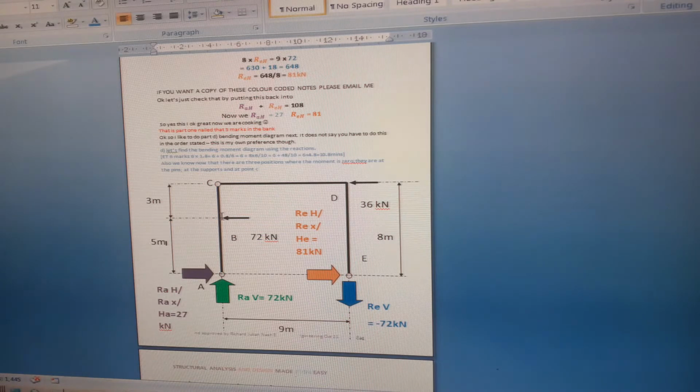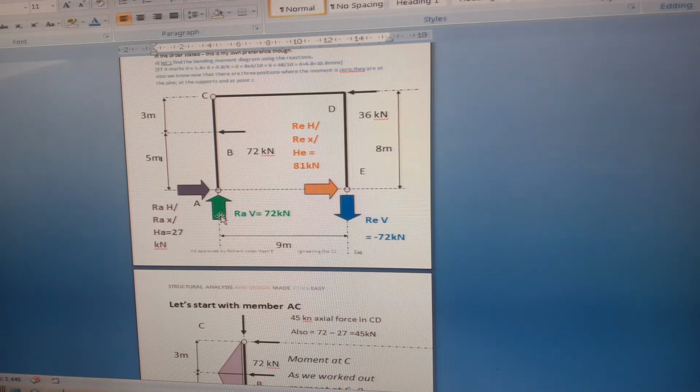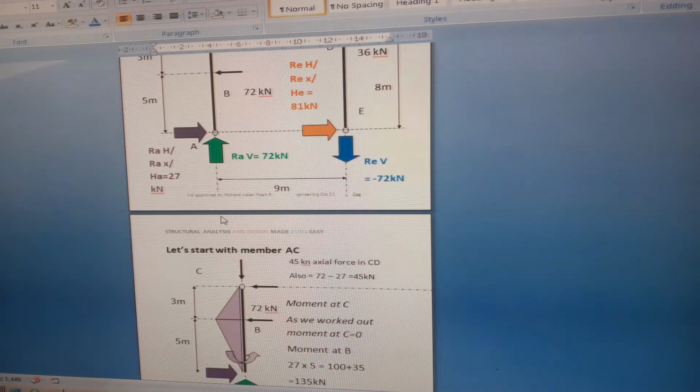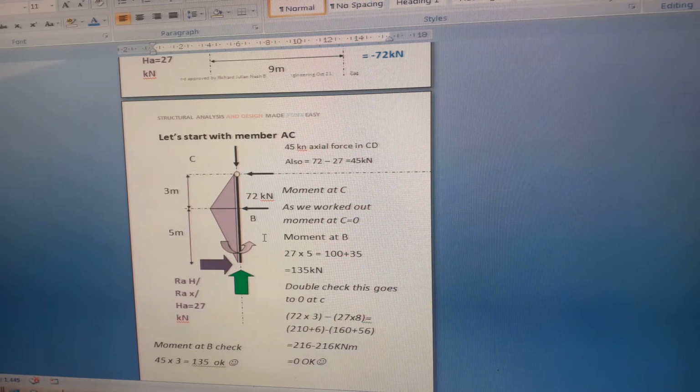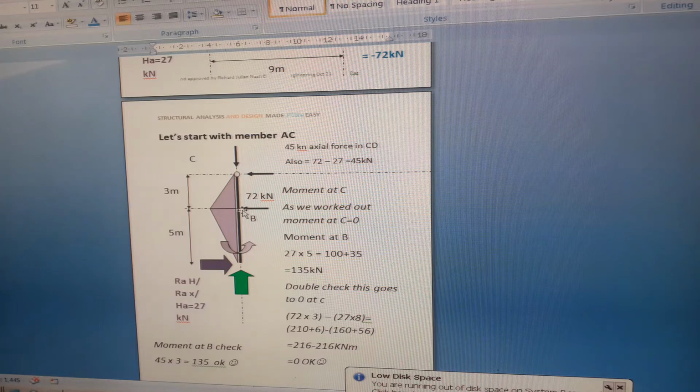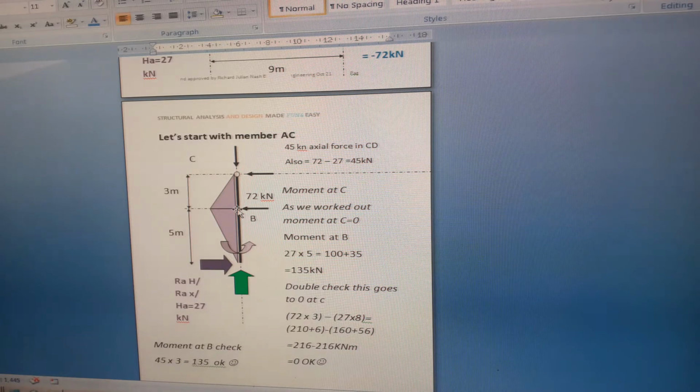So let's start with member AC. Now we can use our trick again. Our moment about point C must equal 0. Method of sections, point C, 0. As we worked out, moment at C is 0. Moment at B is therefore equal to the reaction at HA, 27 times 5.